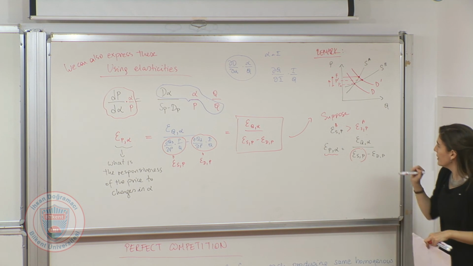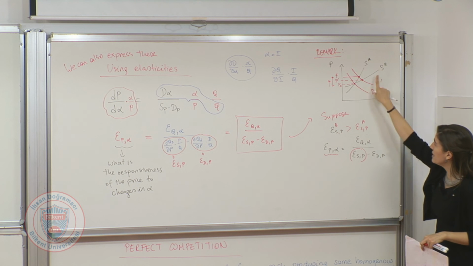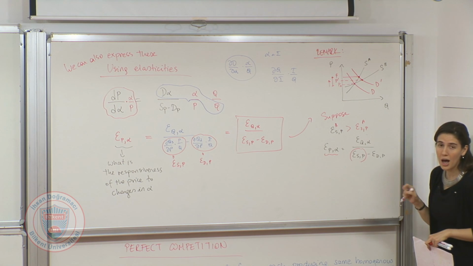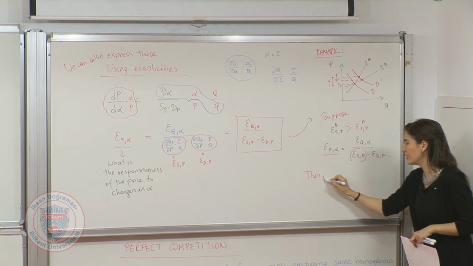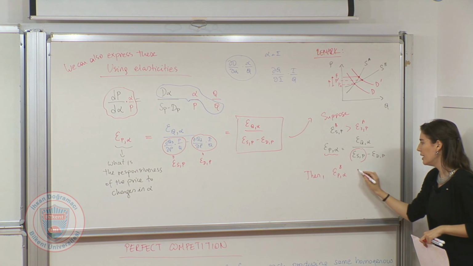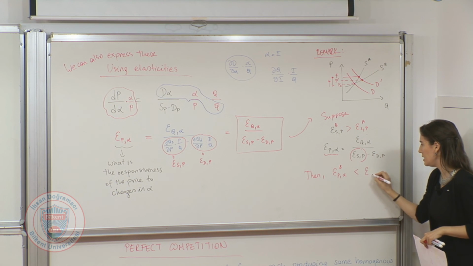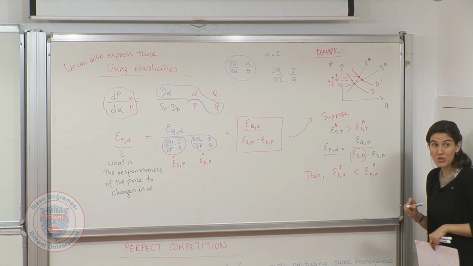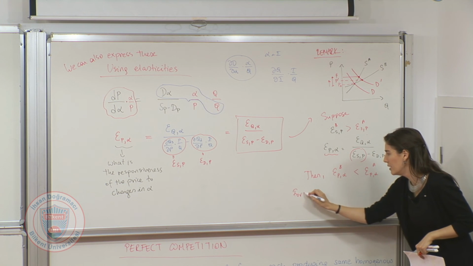Suppose the elasticity of this supply is higher than this guy. Then you can say that EP alpha B is going to be less than EP alpha A, okay?